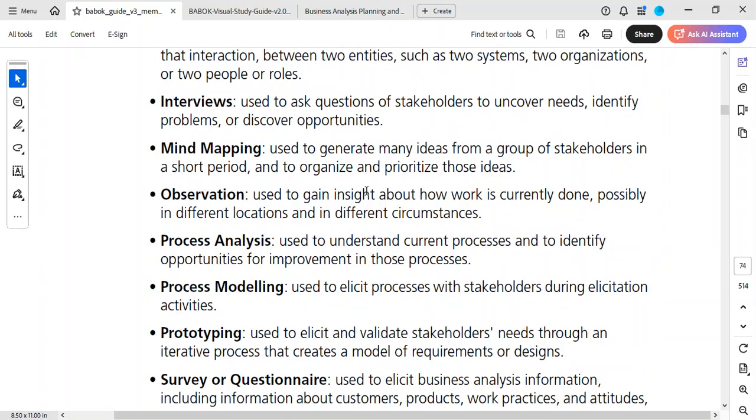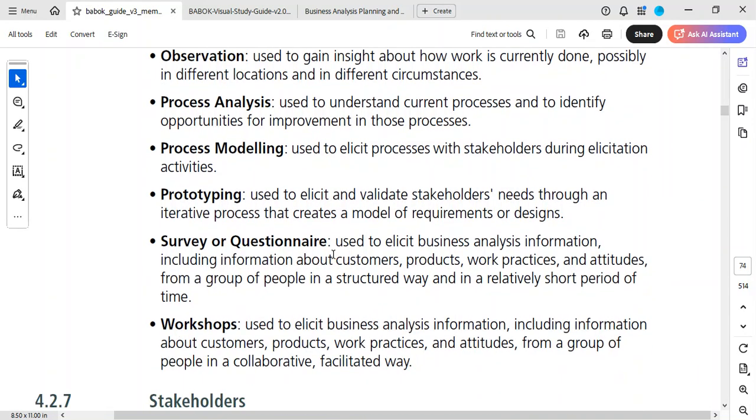Mind mapping, used to generate many ideas from a group of stakeholders in a short period and to organize and prioritize those ideas. Observation, used to gain insight about how work is currently done, possibly in different locations and in different circumstances. Process analysis, used to understand current process and to identify opportunities for improvement in those processes.